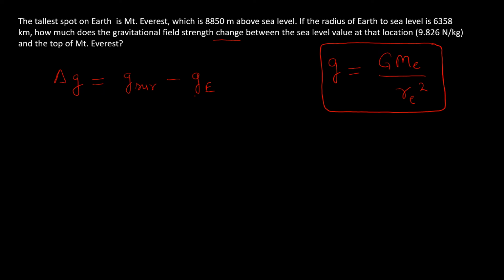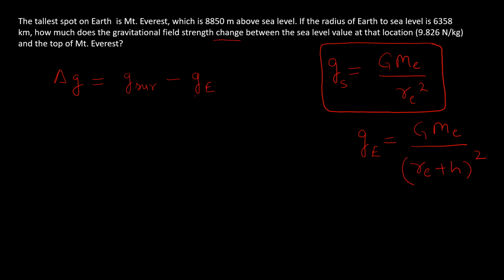So these all are very big numbers. And this is the value on the surface. If we want to find the value for Everest, then this relation is going to be G M_E divided by (R_E plus h) squared. So the height above sea level is added in this too.